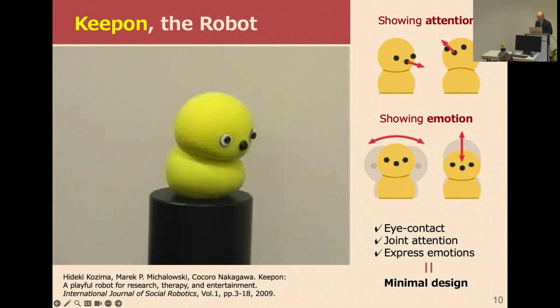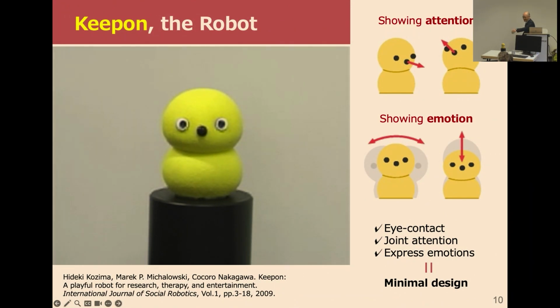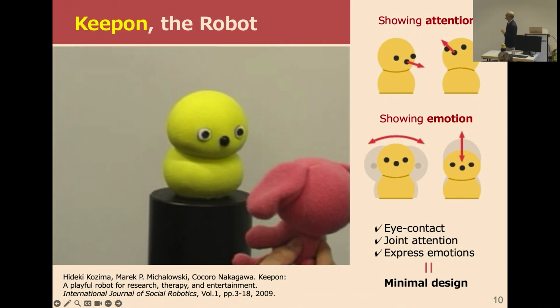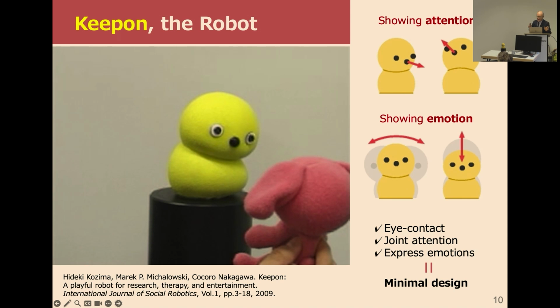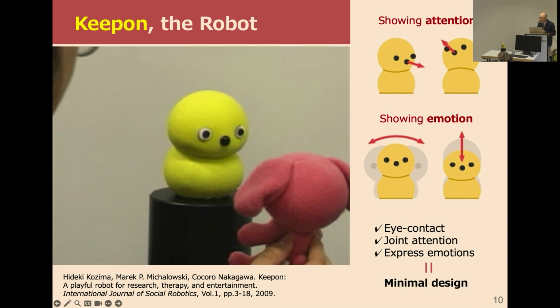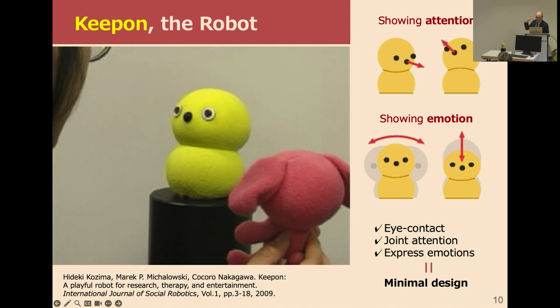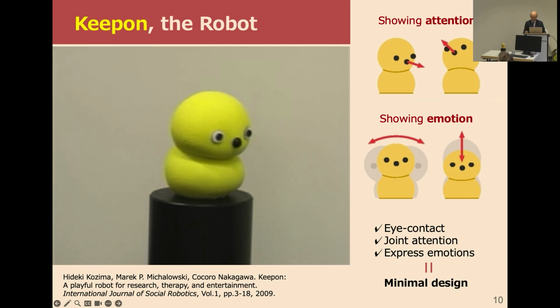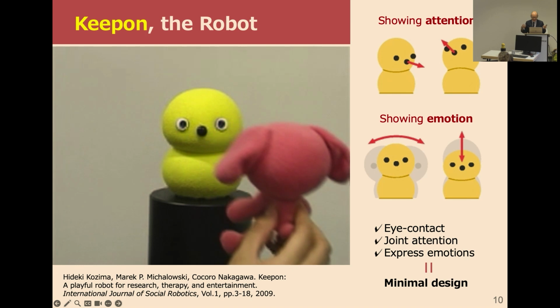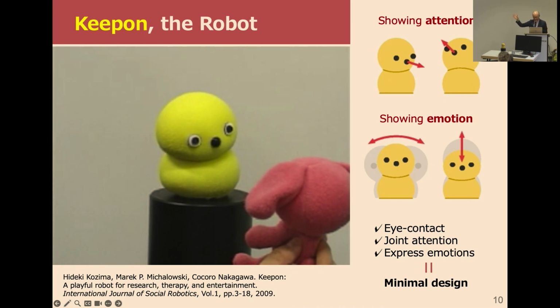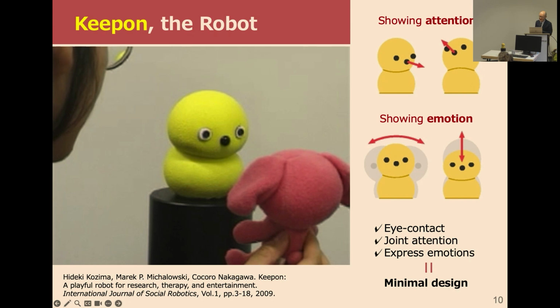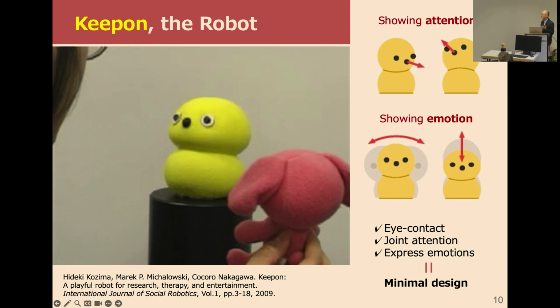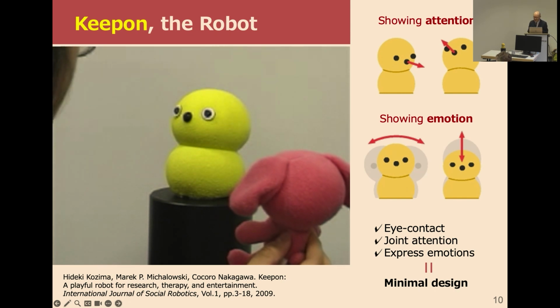So let's see how the robot moves. Okay? So Keepon is capable of just two kinds of actions. Well, one is showing attention, so heading from one direction to another. Okay? And number two is showing emotion. So as you see, by rocking side to side or bobbing up and down, it shows interest or, let's say, joy or excitement.